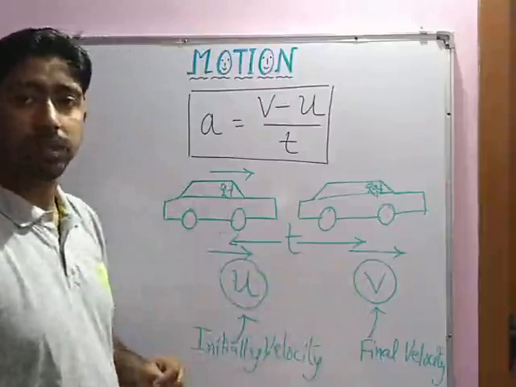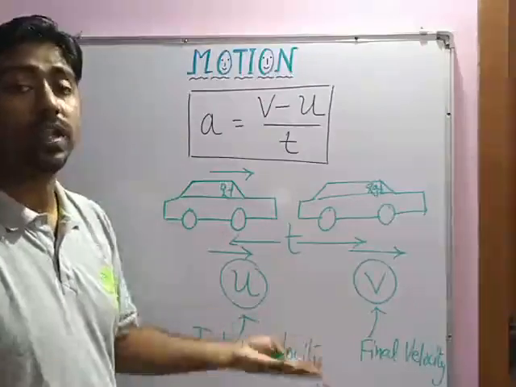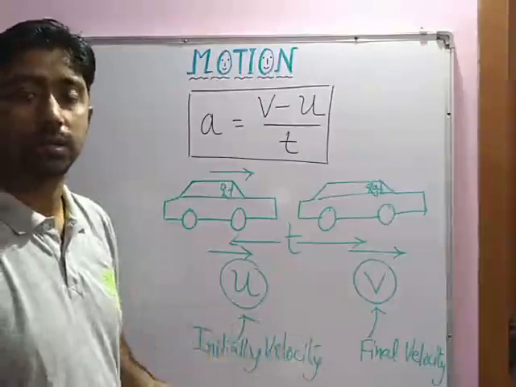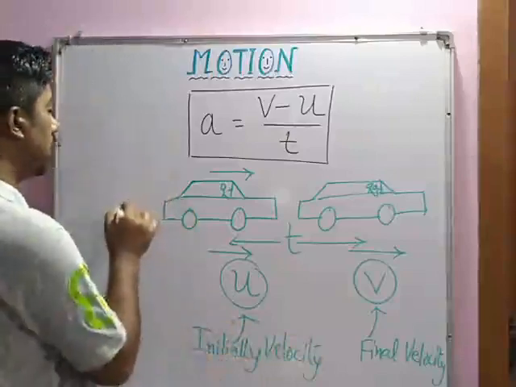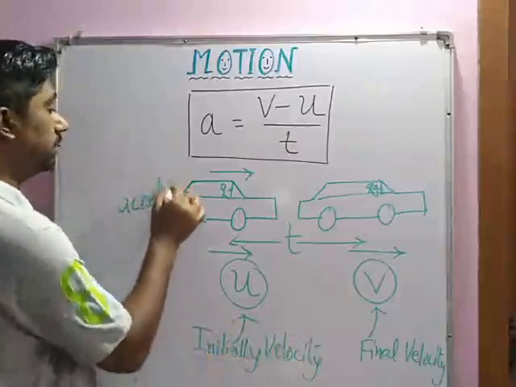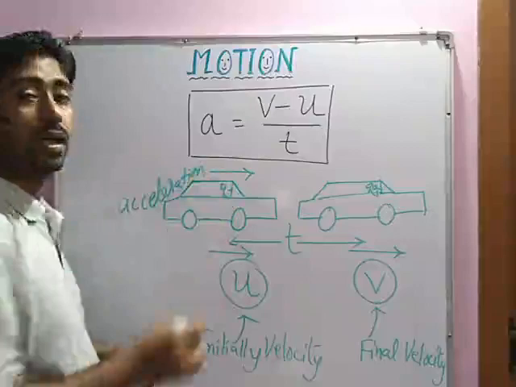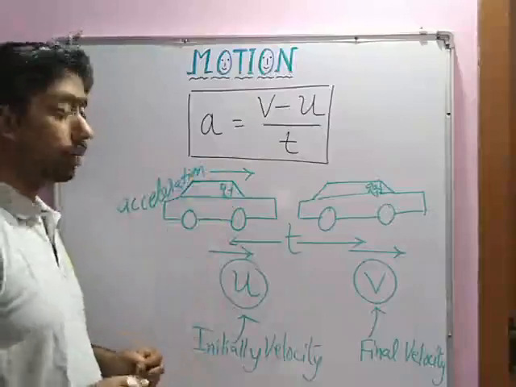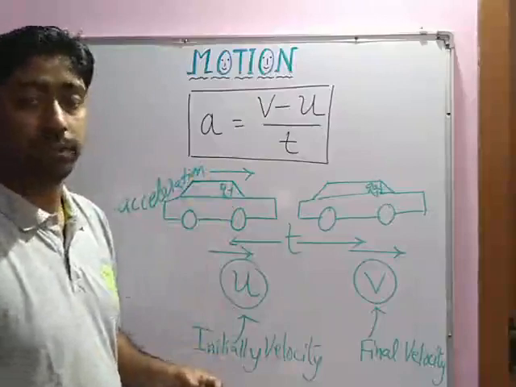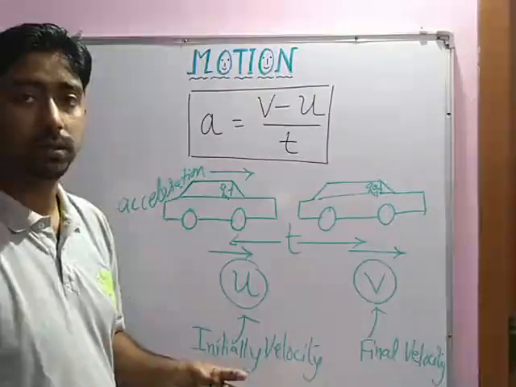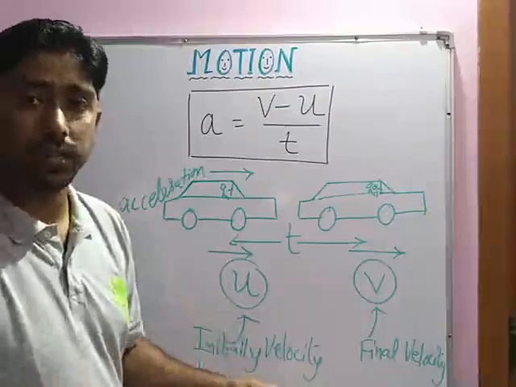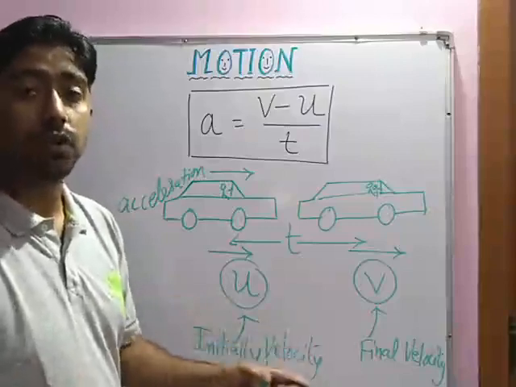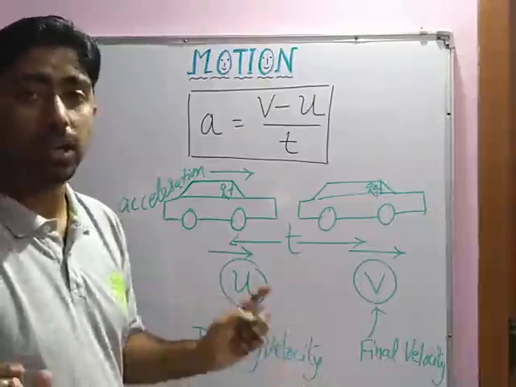Now somebody is asking you, what is the acceleration of the car? This is the question that has been asked to you, the observer. So in that case, what do you have to do? First you will go for the change in velocity.